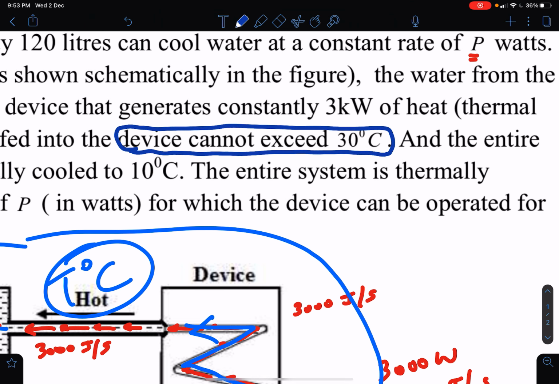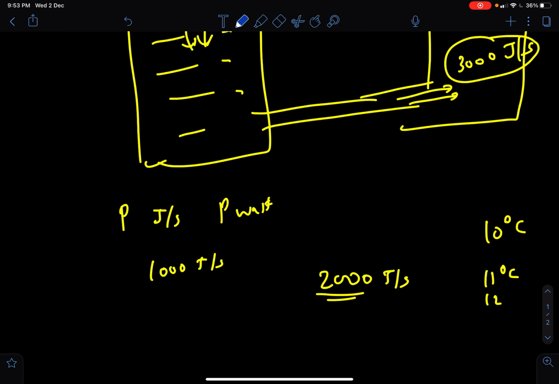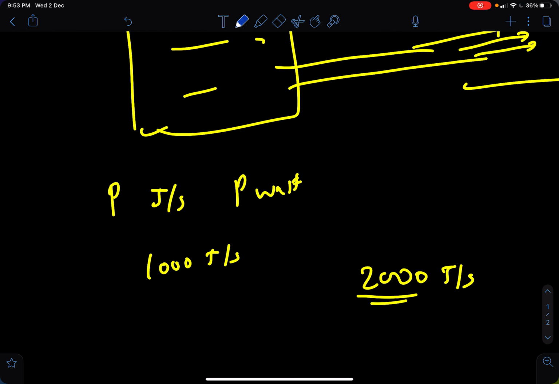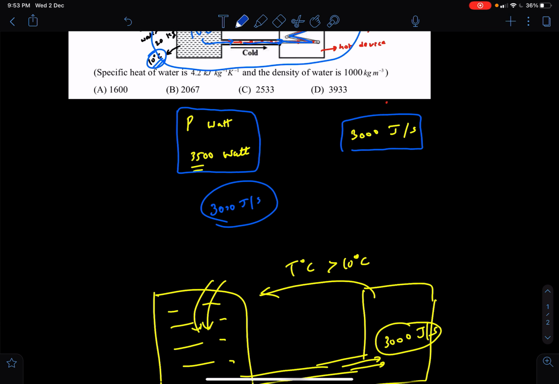So what we need to do is, we can use a device of power less than 3000 joule per second, but it should not be that much less that the overall rate of gain of heat is so high that the temperature becomes greater than 30 before 3 hours.